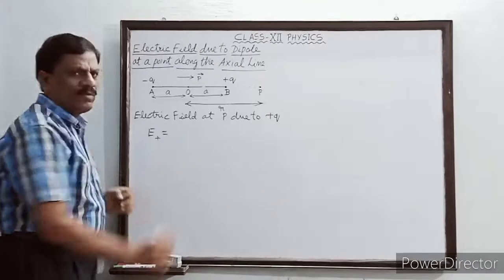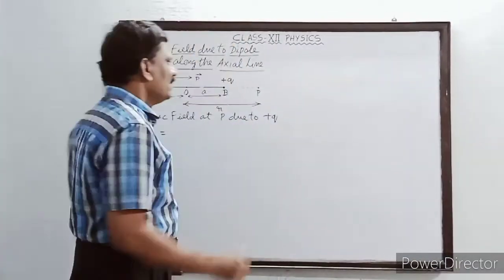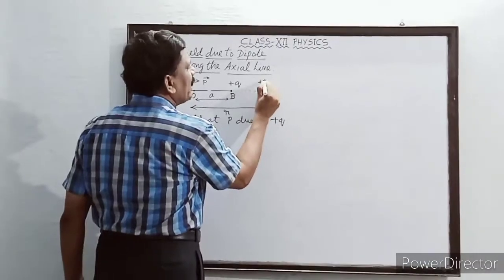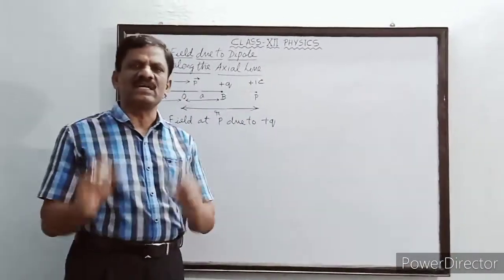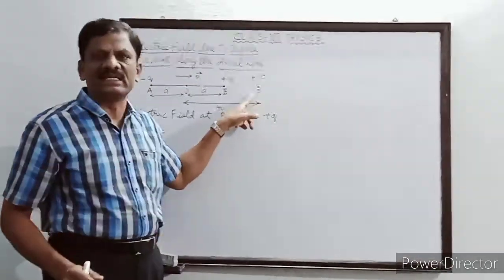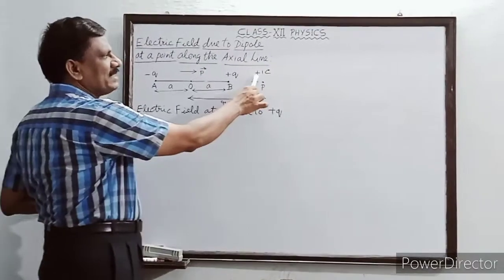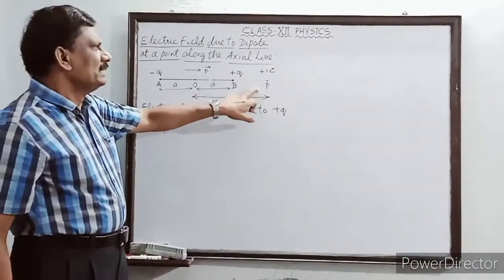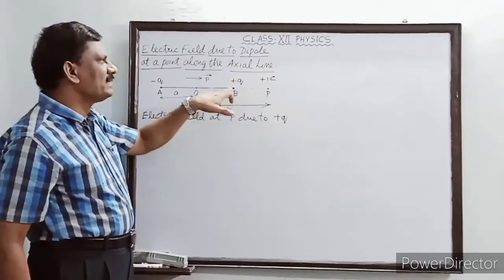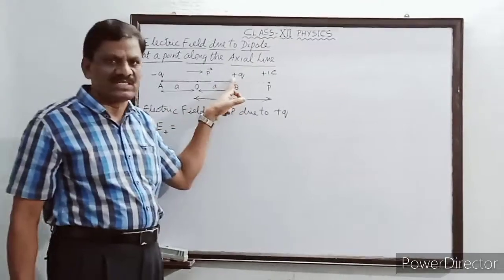If you want to measure the intensity of electric field at any point, we are supposed to assume a unit positive test charge of plus 1 coulomb placed at that point. So we have placed a test charge of plus 1 coulomb at point P, and how much force it will experience due to this plus charge we are going to find using Coulomb's inverse square law.